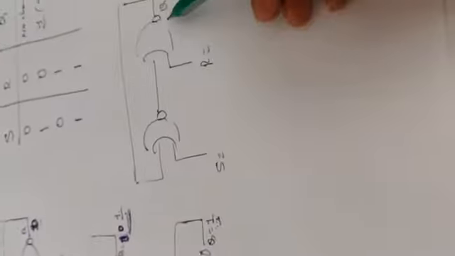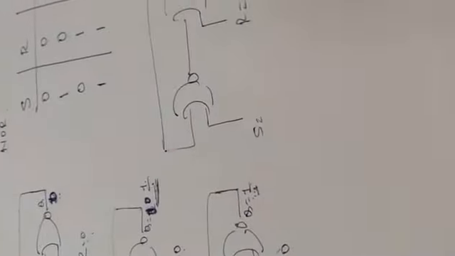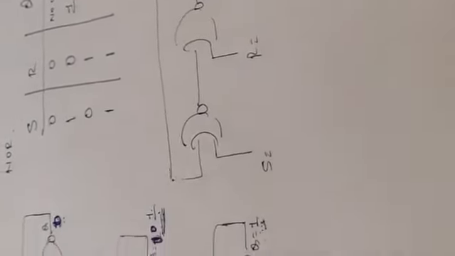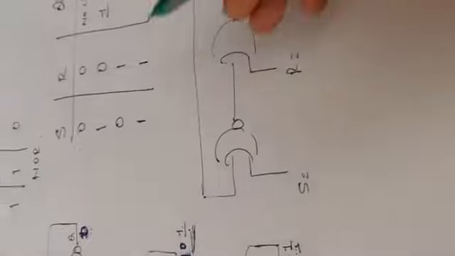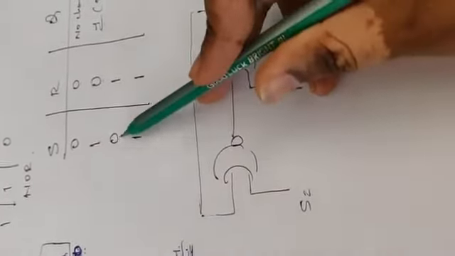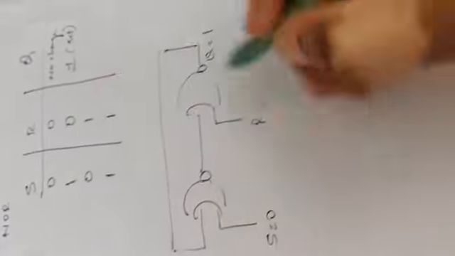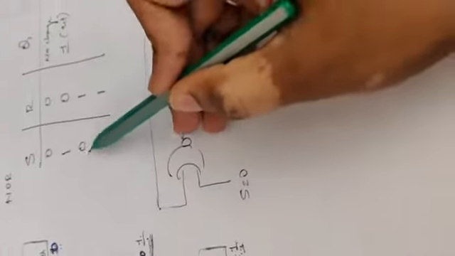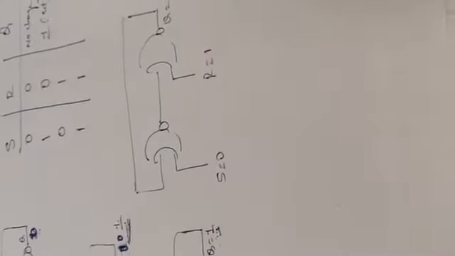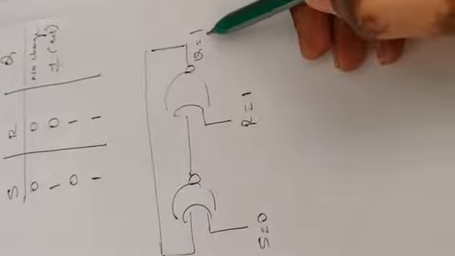The last state, q is equal to 1. Let me take s is equal to 0, r is equal to 1 now. The third state, s is equal to 0, r is equal to 1. So what is q here? Q is 1.